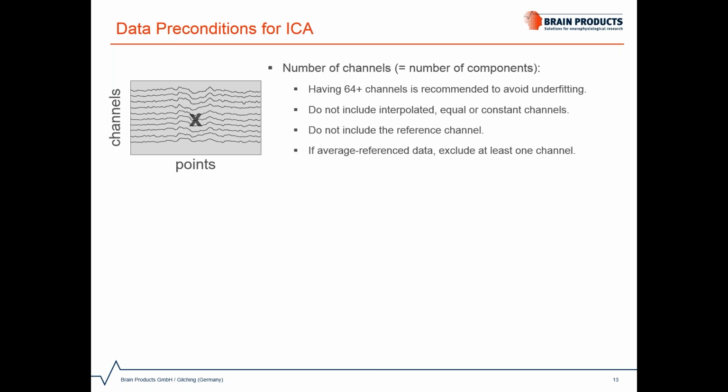The same holds for reference channels. The reason for this is the linear dependency between channels, for instance between scalp channels and a reference electrode. The same holds for average reference data. However, it is okay to disable at least one channel that forms the reference to resolve this issue with the linear dependency.